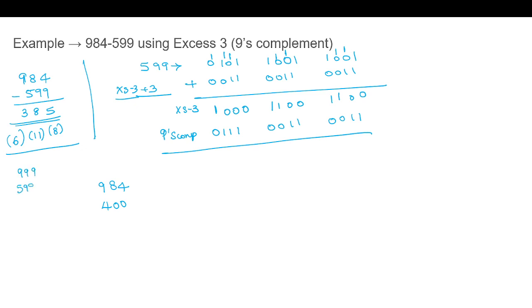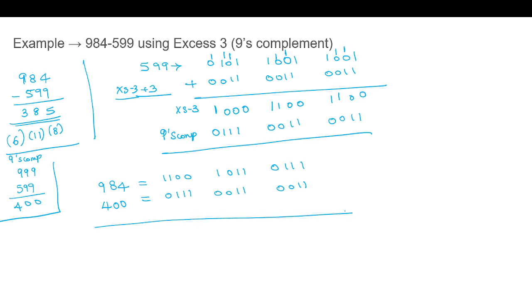This will be the 9's complement. So this will be 1011 0, the 400 will be represented as 0011 0011 in excess 3.